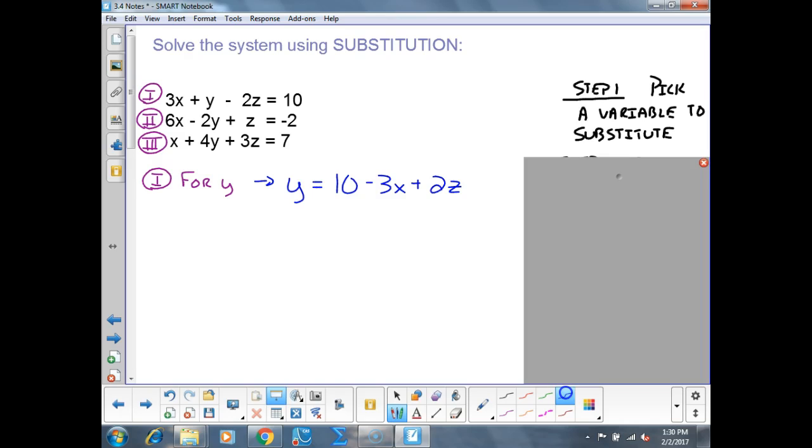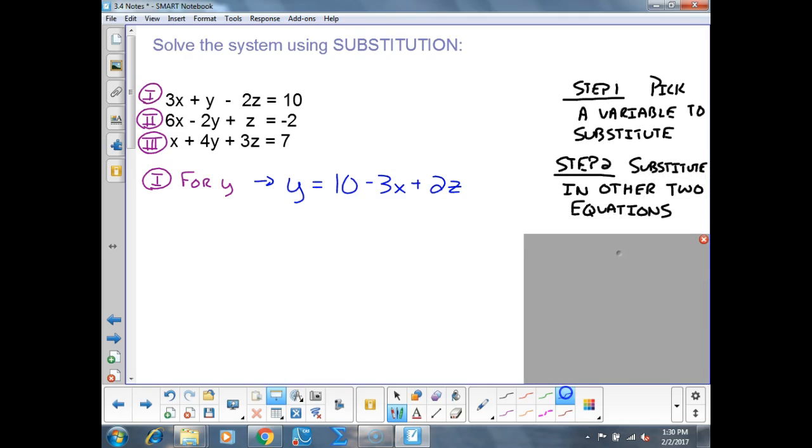Agree? Yeah. Now, in step 2, you're going to substitute that into the other 2 equations.